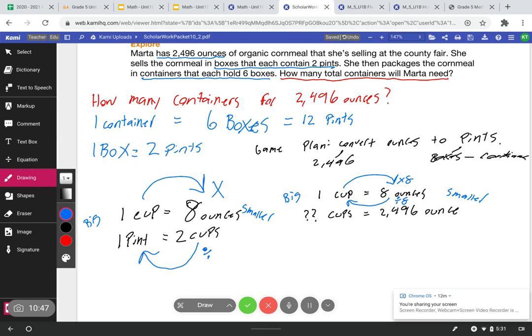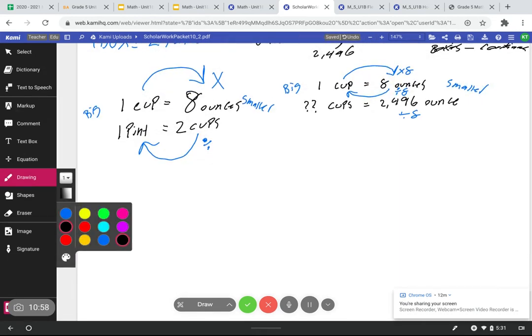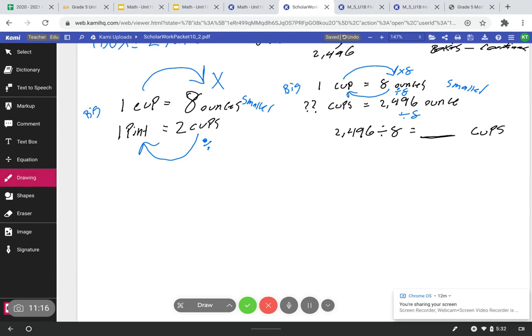So I am going to divide 2,496 by 8. 2,496 divided by 8 equals, and we're going to find out how many cups. Then once we find out how many cups, we can convert the cups into pints. But first we have to find the cups.